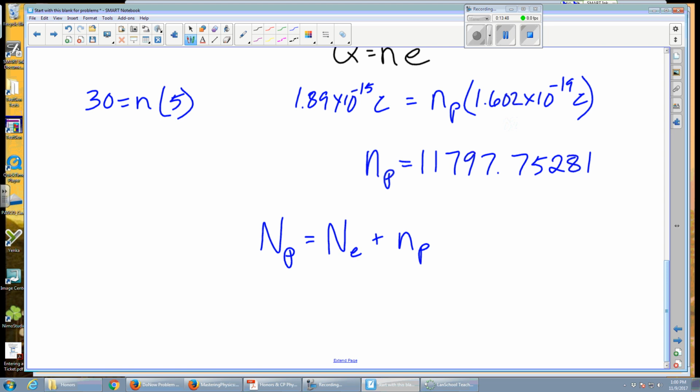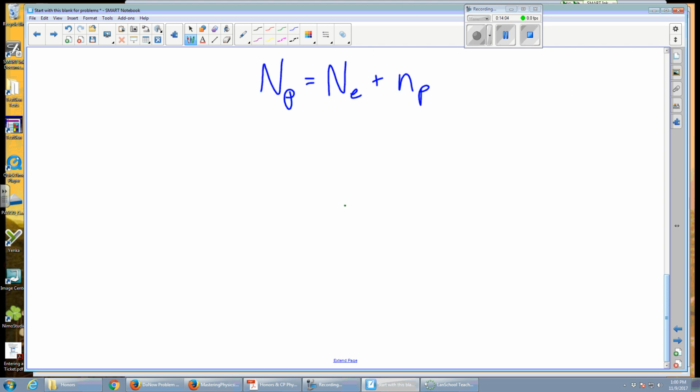So we're going to need to use the total mass to figure this out. So, moving on to this part, the total mass is going to equal the mass of the protons plus the mass of the electrons.